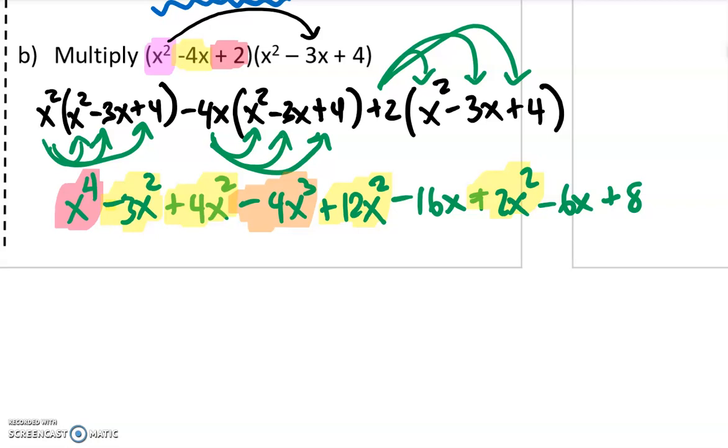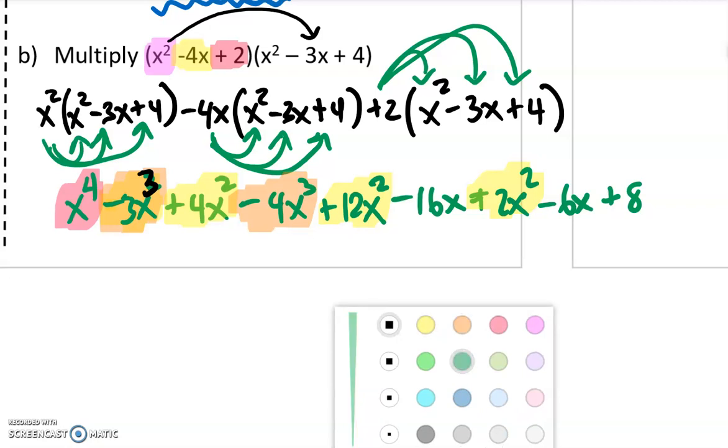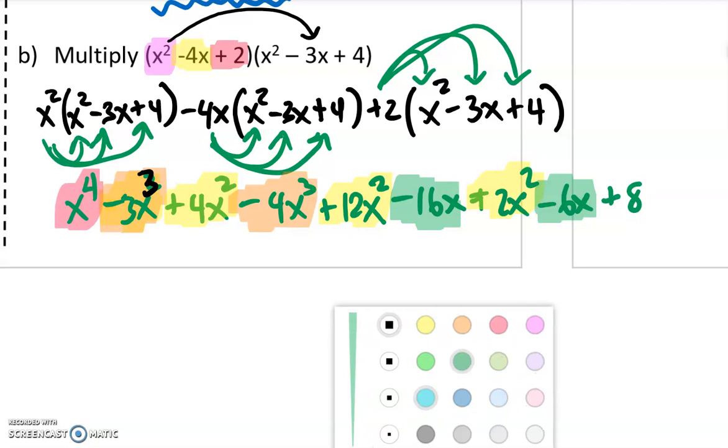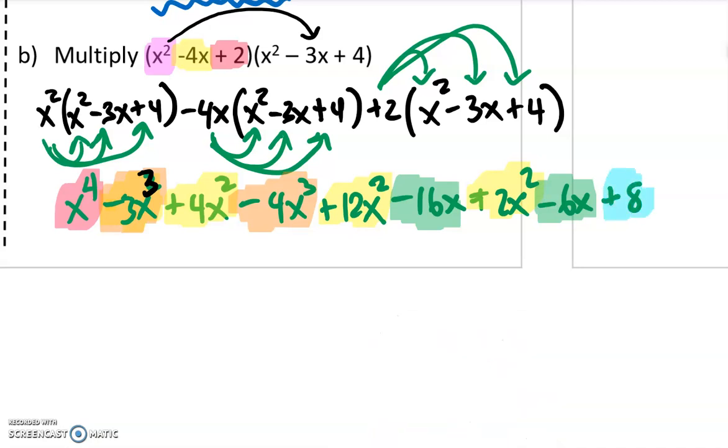So it looks like I should have 3x cubed right there. So I need to change that one to orange, right? So that's third degree. And now we're looking for first degree terms, so just x. So that's going to be here and there. And finally the last one, constant of plus 8.